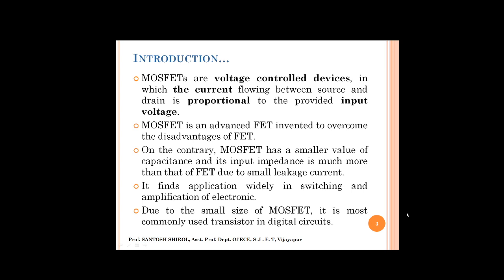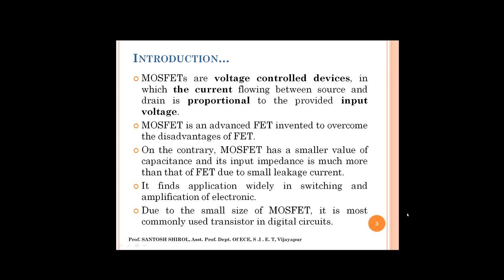MOSFET is an advanced FET and has been designed to overcome the disadvantages of FET. MOSFET has a smaller value of capacitance and its input impedance is much higher than that of FET, all because of the small leakage current it has.